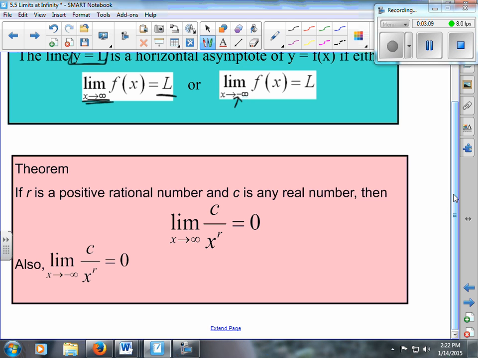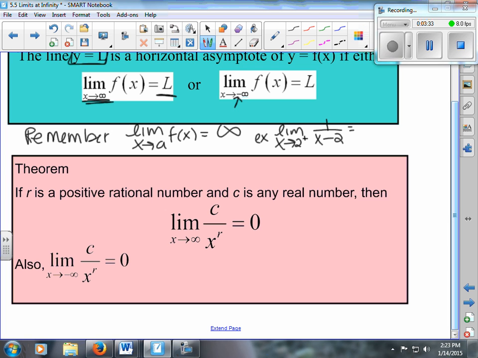That's not a shock because I don't know if you remember that when we did limits before, if you did the limit as x goes to a, as some number a, and you got infinity as your answer. So for example, the limit as x goes to 2 from the right of 1 over x minus 2 has an answer of positive infinity.